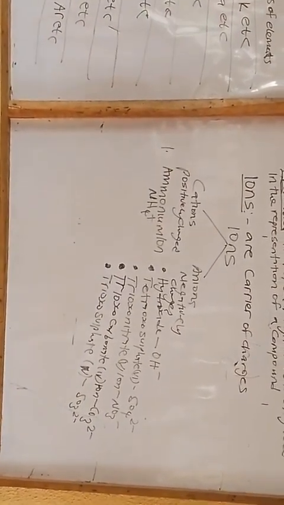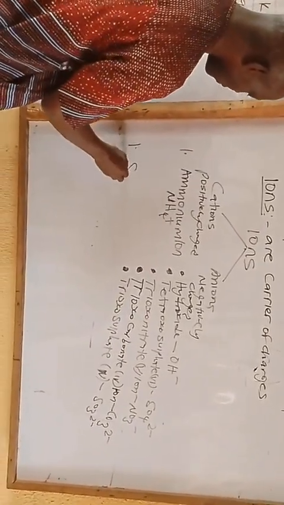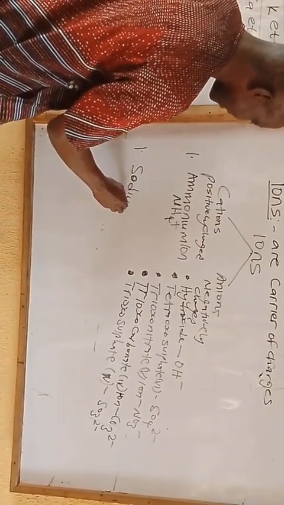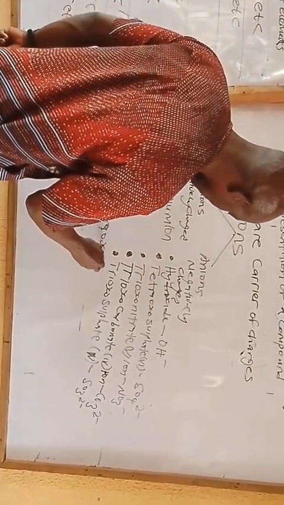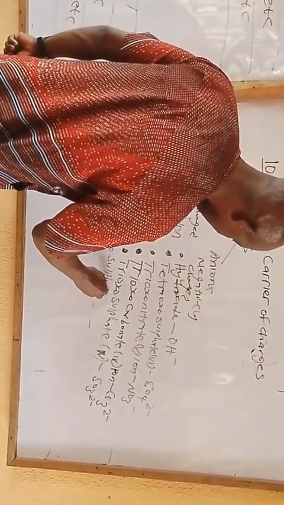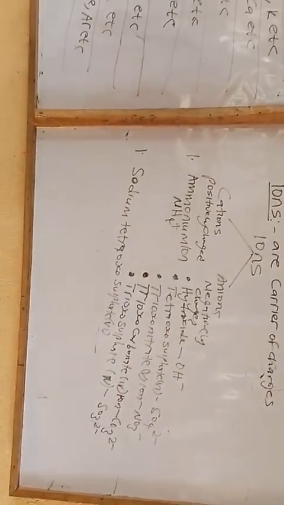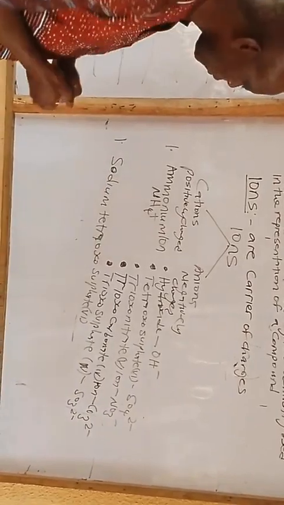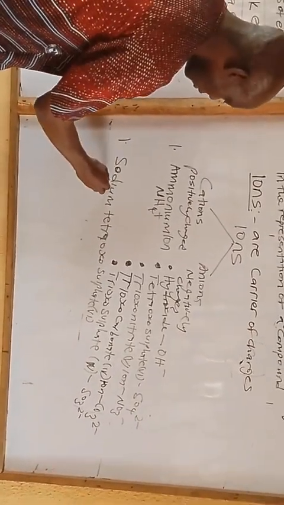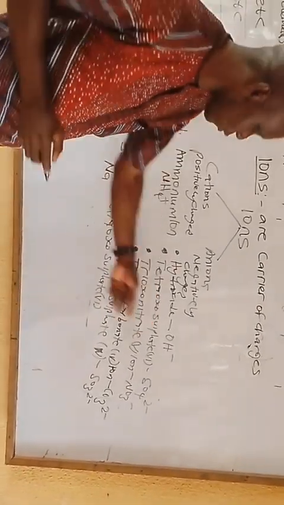So let's say you have to write the formula of sodium tetraoxosulfate 6 in any exam, or you need the formula to carry out a calculation or chemical analysis. The correct formula of sodium tetraoxosulfate 6 will be formed between sodium, that we know from our previous classes, and the one you are learning now. Tetraoxosulfate 6 is SO4.